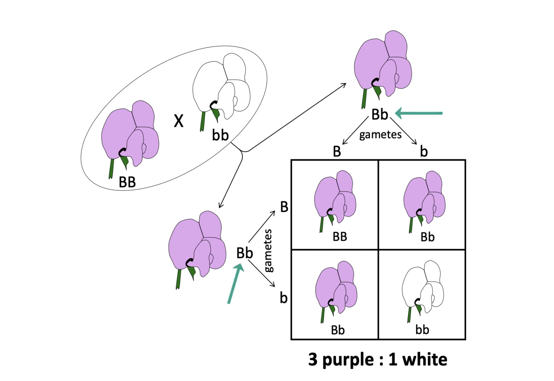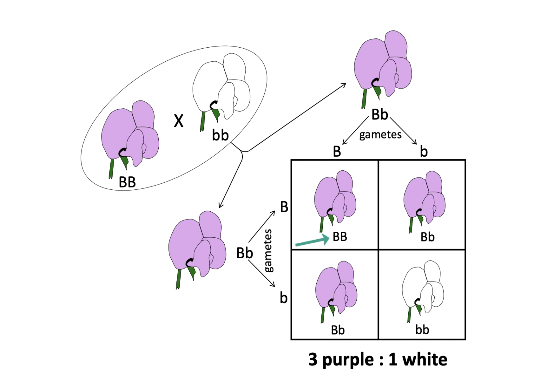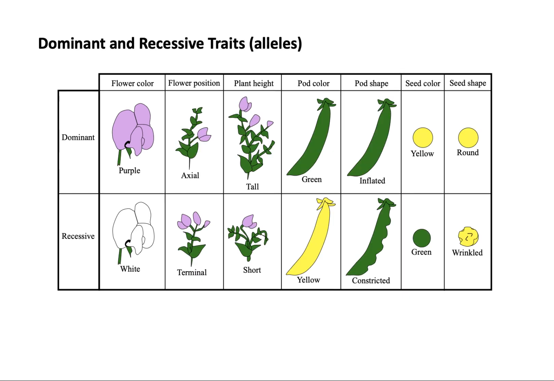When those heterozygotes were allowed to self-pollinate, then those alleles separated because the gametes were haploid, and then when those were crossed, then you got a ratio of 3 purple flowers to 1 white flower, and they were actually in the ratio of 1 to 2 to 1: the homozygous dominant, the 2 heterozygotes, and the homozygote that had the recessive alleles.